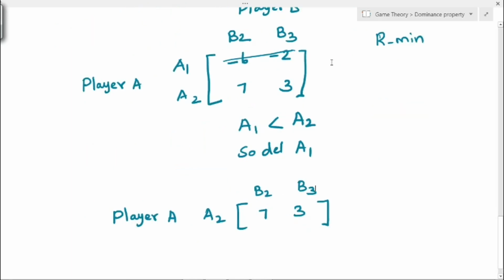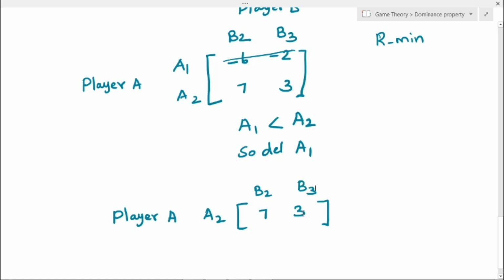After deleting row A1, the remaining payoff matrix is player A with strategy A2 and player B with strategies B2 and B3. So we have 7 and 3. In this reduced matrix we have only one row, that is A2, but we have two columns, right? 7 and 3. Now we have to check the column wise dominance, that is 7 and 3. Which column is greater?